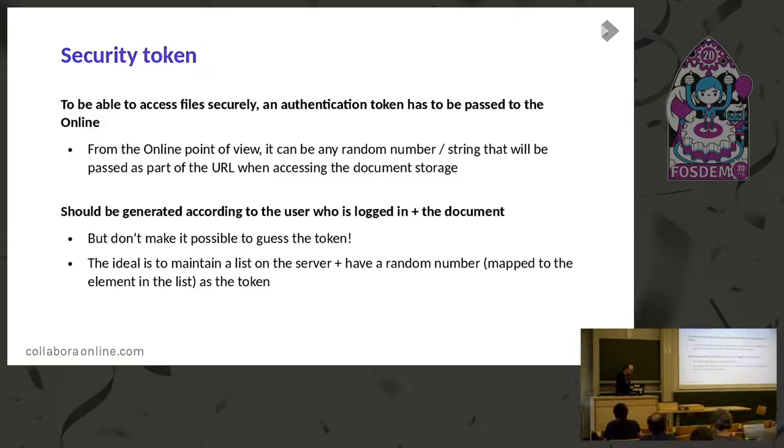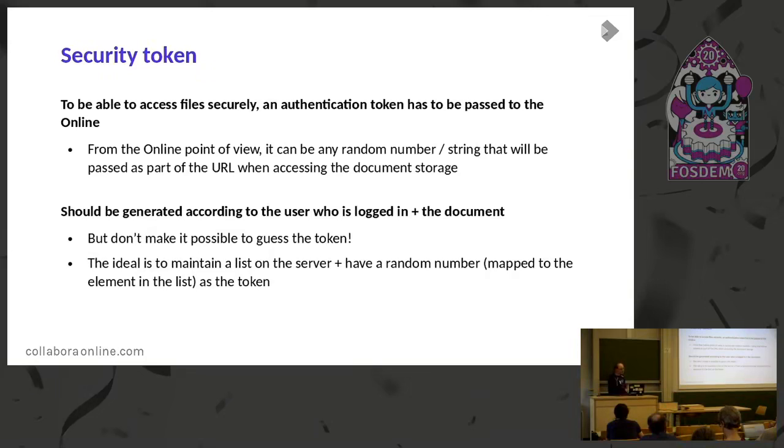So the next problem is the authorization problem. We implemented this with a security token. Obviously you authenticate the user into the web application, but when you want to open a file, the WOPI-like client, Collabora Online, wants to download this file from the web application, so it has to authenticate itself again.